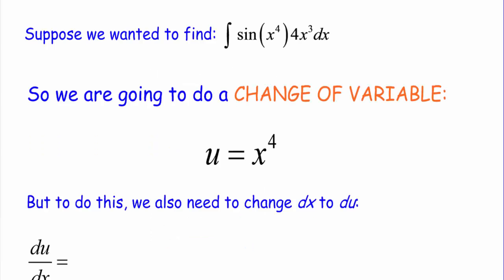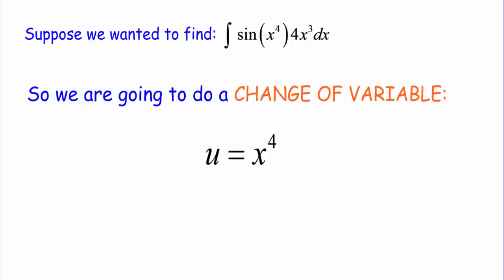All right, so what do we want? We want to get rid of this x to the fourth. So we're going to call that u. Why is the x to the fourth the thing that's bothering me? Why do I want to get rid of it? Do you see this composition here? You've got one thing plugged inside of another.